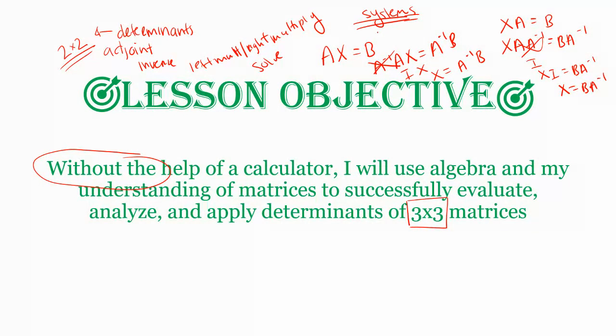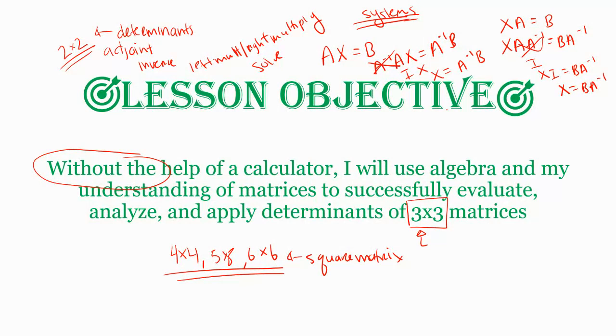I want to emphasize that we're not going to go quite as far with a 3x3 matrix. This would be possible with 4x4 and 5x5 and 6x6. I can do this with any square matrix.